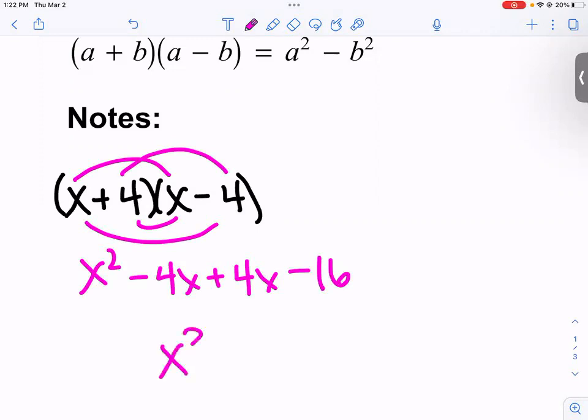And we are left with x squared minus 16. That's going to happen every time you have binomials that are the same except for the operation in between. What's happening is we're getting x squared minus 4 squared. Now we're going to write it as 16, but it is the difference of two squared terms. That's why we call it that.